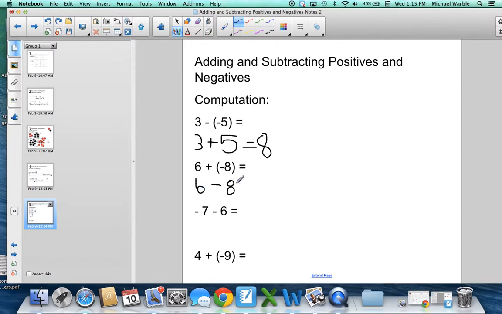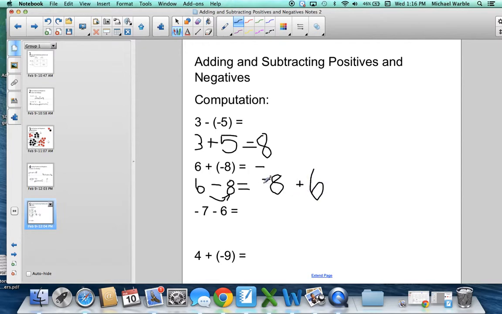I can use a number line if I want to. I can count backwards to arrive at the answer, or I can just keep it in the back of my mind that my answer is going to be negative and do a simpler problem. I would have negative 8. If I reverse these, I could also call it negative 8 plus 6.